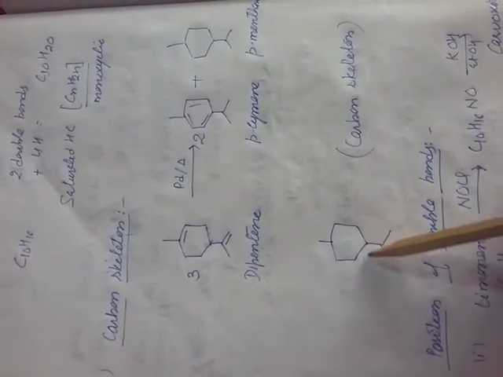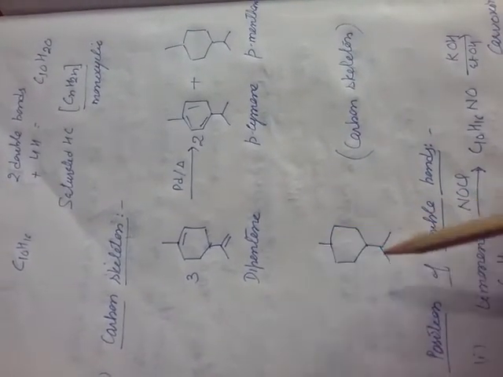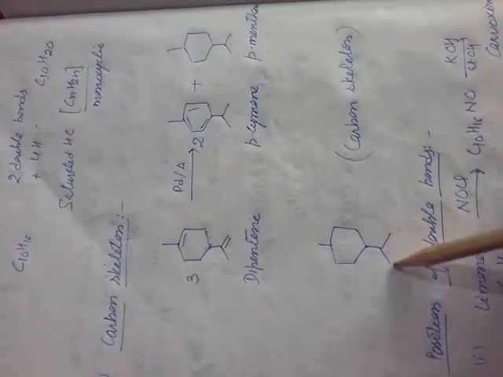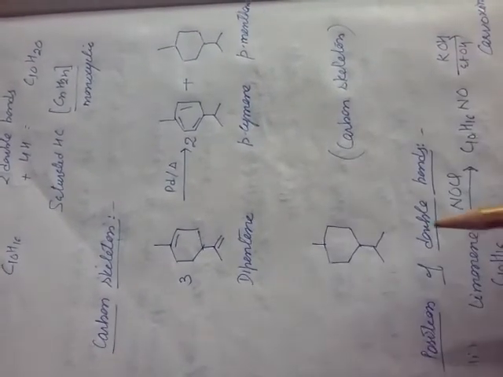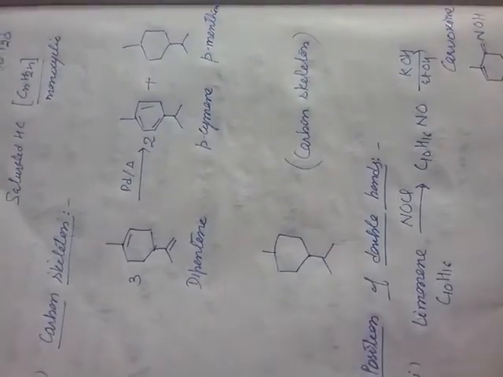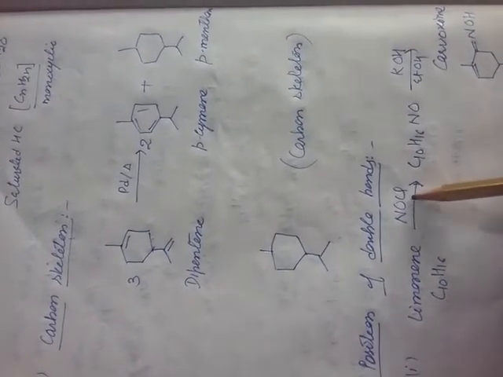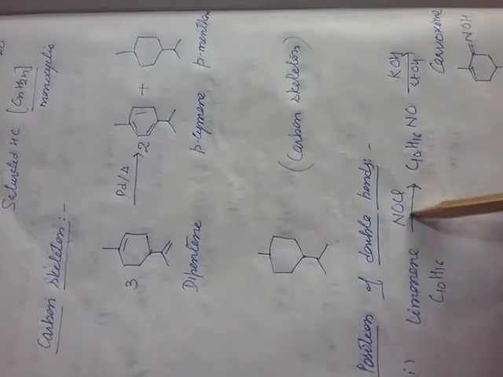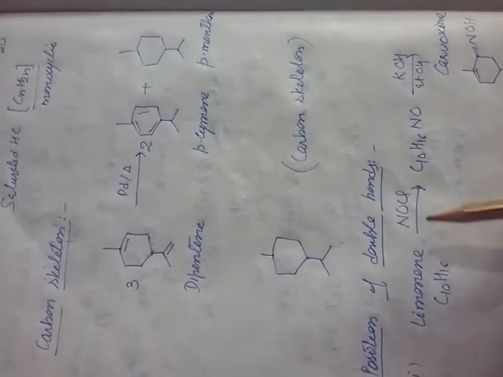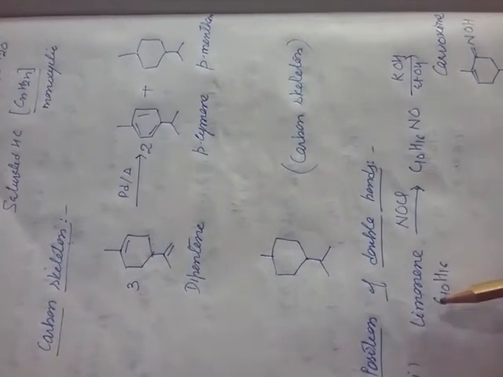Six carbons are arranged in a ring, 1 carbon is here and an isopropyl group should be here. Now the only thing remaining is the position of the double bonds. So when limonene is treated with NOCl, known as nitrosyl chloride, it gives addition at the double bond.